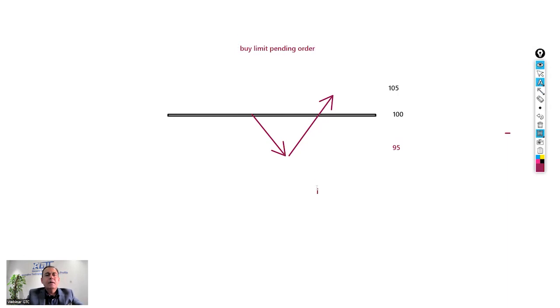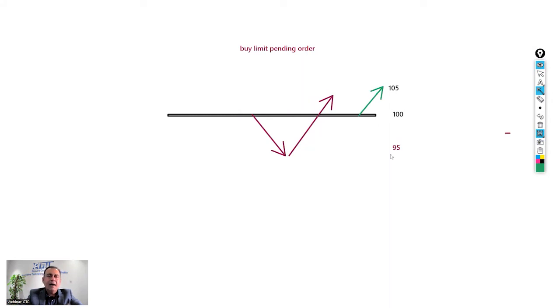And a buy stop order would be if I want to buy at a higher price than the current market price. So it would be here at 105. The order will be executed when the market hits 105. The current market price is 100.